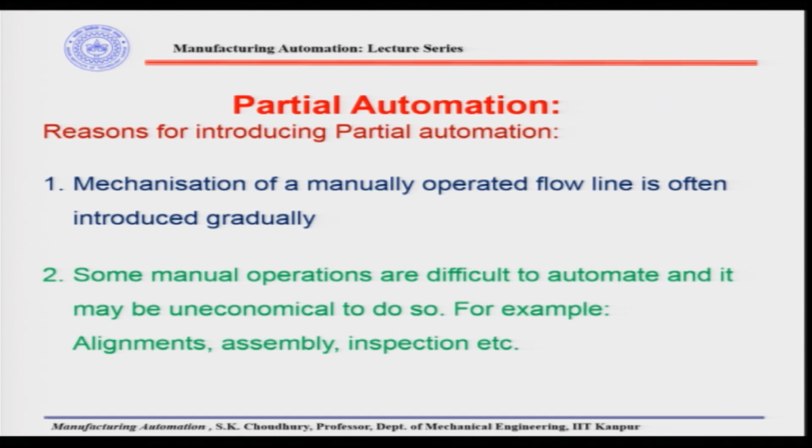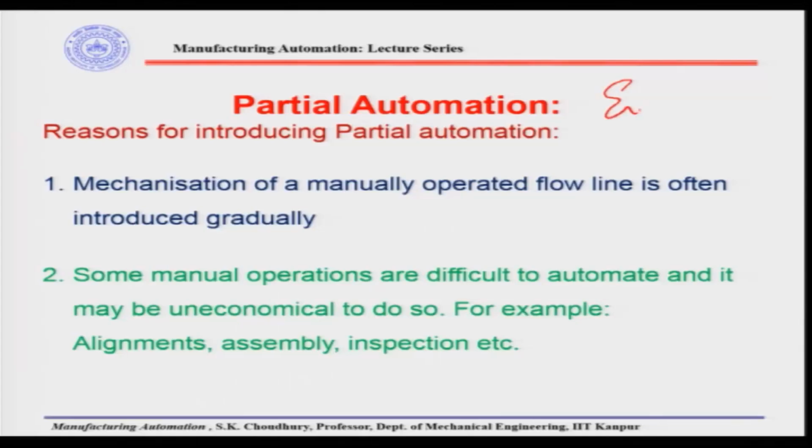What is the partial automation? In the beginning, if you remember, I told you that automation actually begins where the mass production leaves off. That means automation cannot come overnight. It is a gradual process, and we call it the evolution. Okay, evolution.